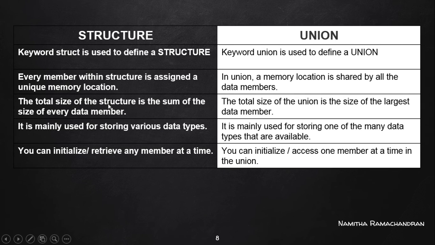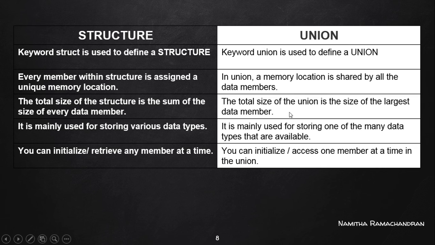The total size of the structure is the sum of the sizes of every data member. Here all the members of the structure are allotted separate memory space, so the total size of the structure variable is the sum of the sizes of every data member.